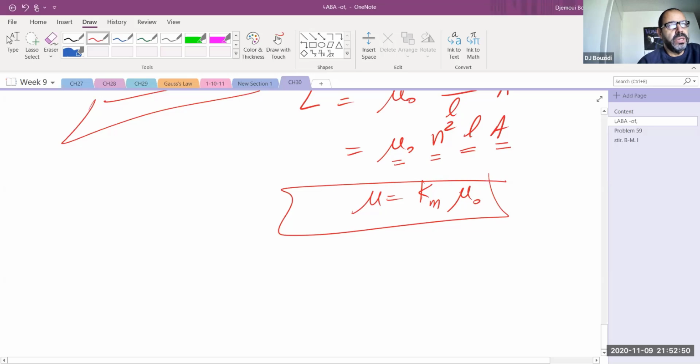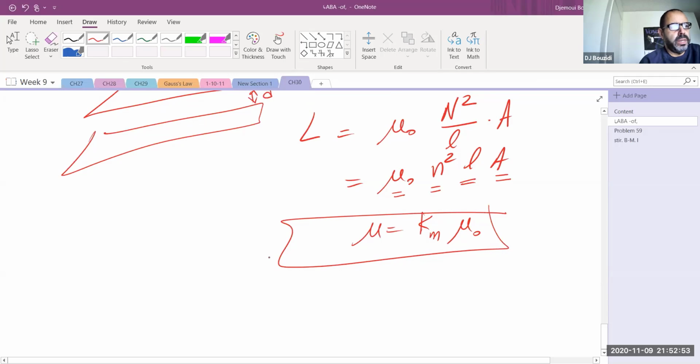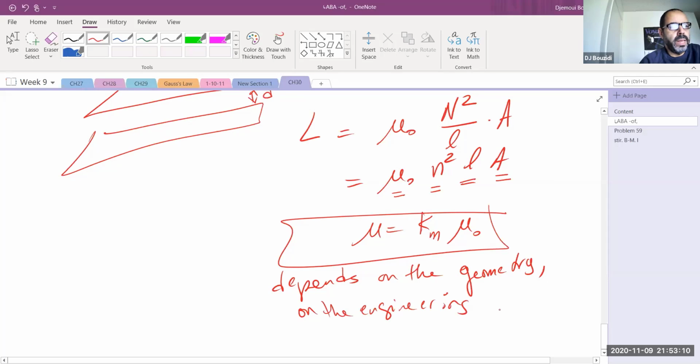So this is the inductance, and this basically depends on the geometry, also on the packing, which is the engineering, and on the material between or inside the solenoid.